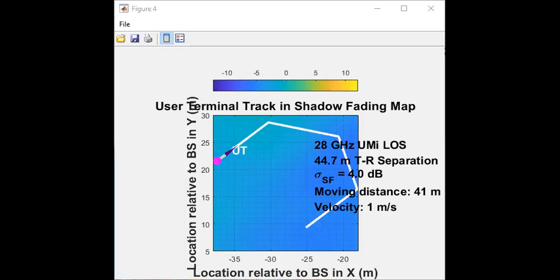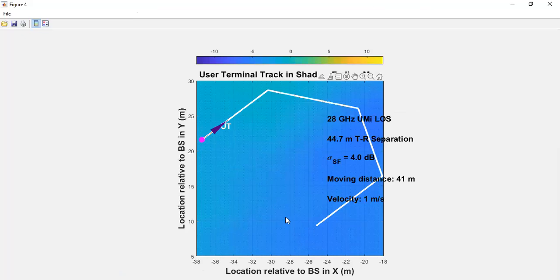This shows the movement of the UT. In cellular environments, people usually use the term UE, user equipment. It shows how it has moved. The figure I closed actually shows the relative position of the base station.